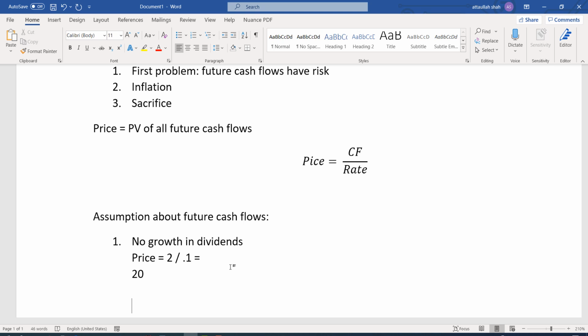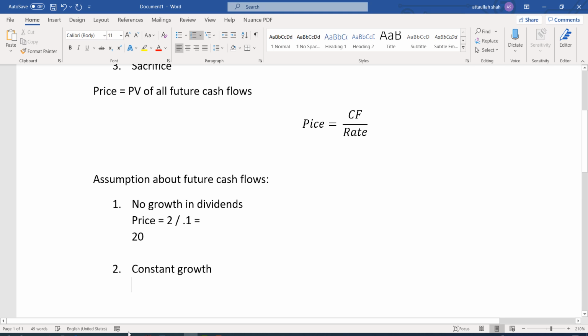Okay, now we come towards the second model, that is the constant growth model. And in this model, we assume that the growth rate in the dividend is constant. In other words, the dividends of the company increase at the same rate for the future.